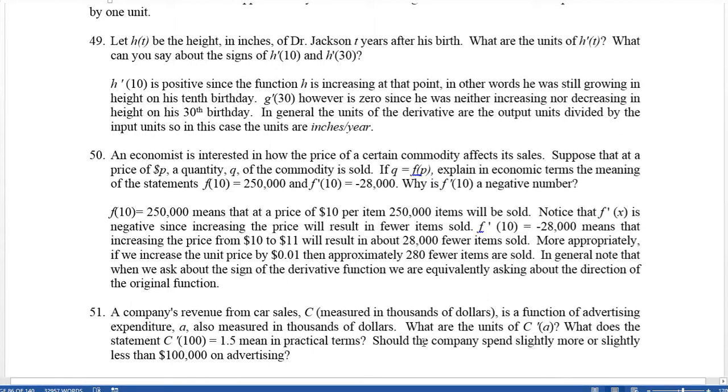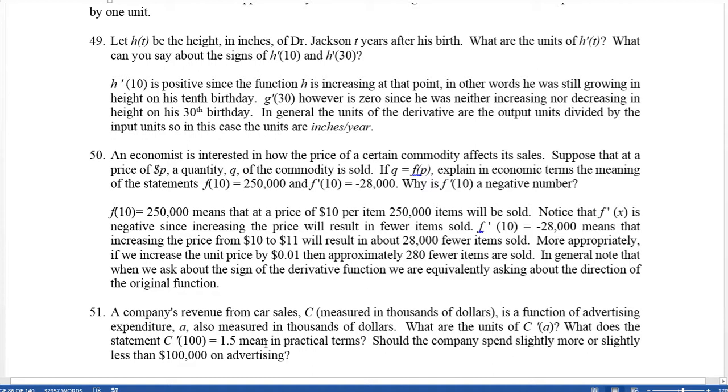Now, in one sense, that cancels out completely to no units, but in another sense, it doesn't, because you want to think of these units as approximating delta C's and delta A's. So, what does this statement mean about the derivative? Now, notice this is about the derivative, not the original function.